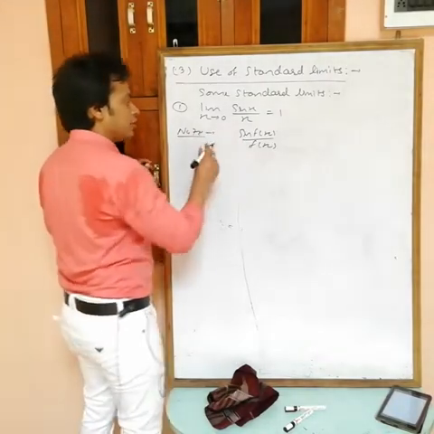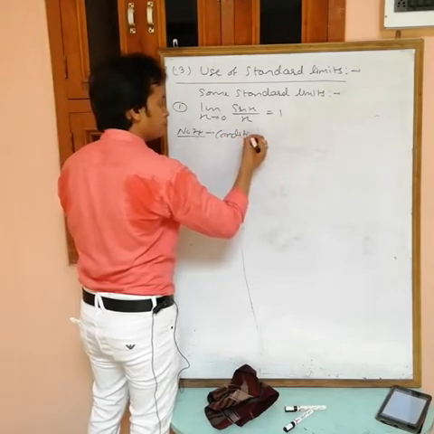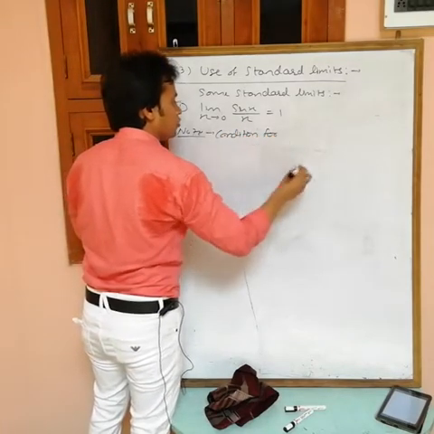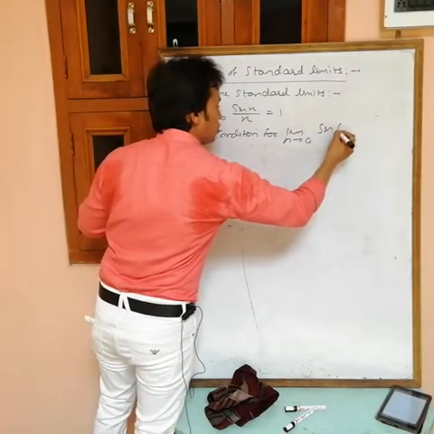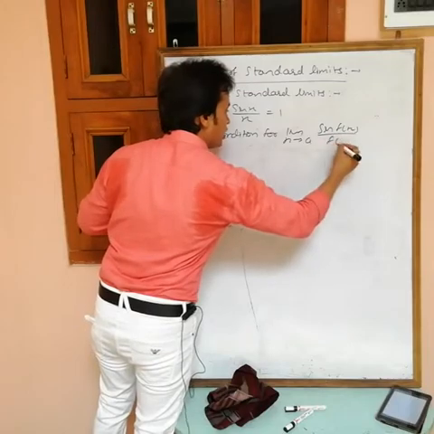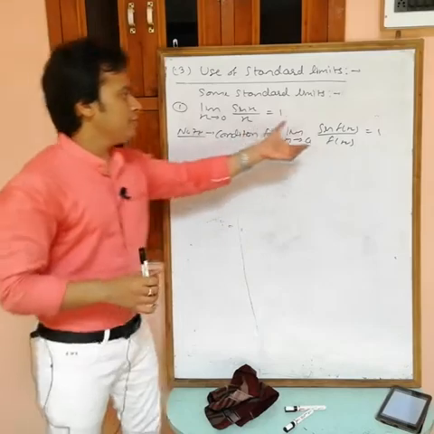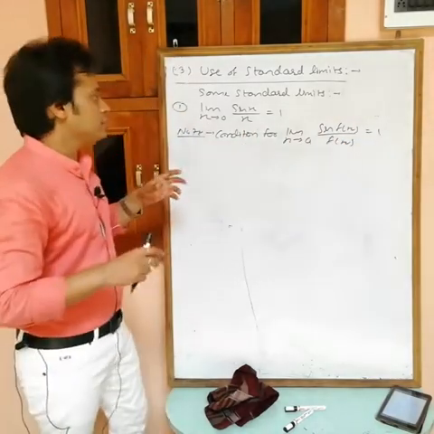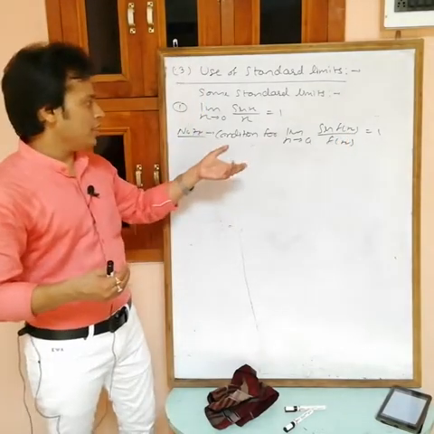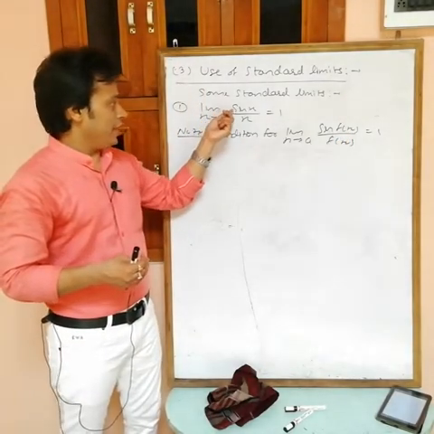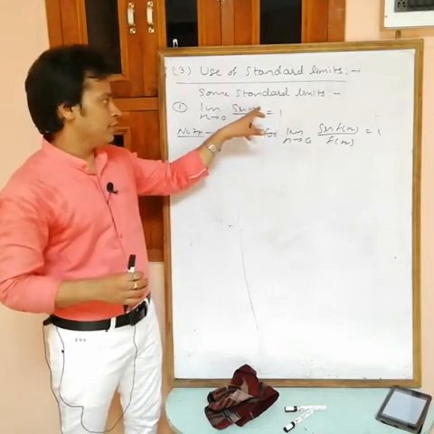I am writing the conditions for limit x tending to a of sin f(x) by f(x) equals 1. If you want to write this limit as equal to 1, then we have some conditions. First, the argument of sin and the denominator must be the same, because we have limit x tending to 0 of sin x by x equals 1, both are same.